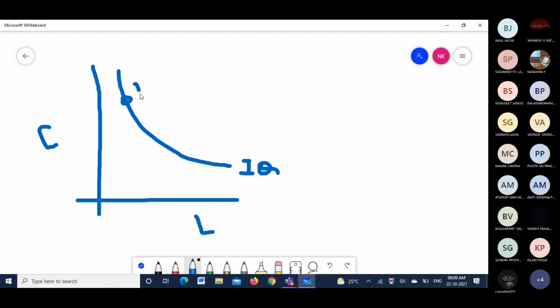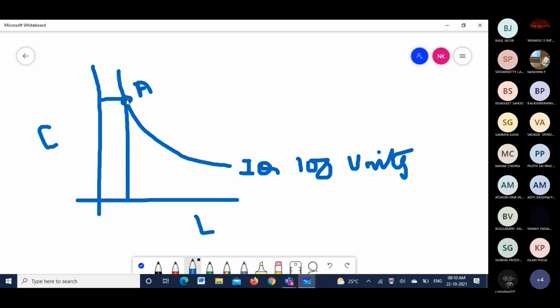If it is a point A, then it means that this much unit of capital and this much unit of labor combination is used in the production process, which will be yielding the same level of output. If we take it as 100 units, all these combinations are going to show you the same 100 units.